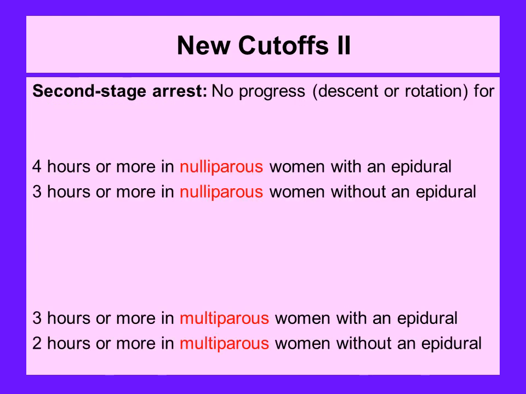And in the second stage, to diagnose arrest of labor or no progress, 4 or more hours have to elapse in a nulliparous woman with epidural analgesia, or 3 or more hours in a nulliparous woman without epidural analgesia. Compare this to the 15-minute limit set previously by Friedman.